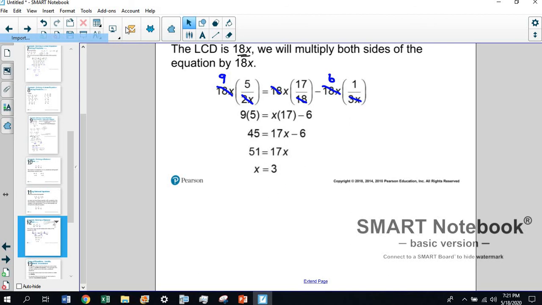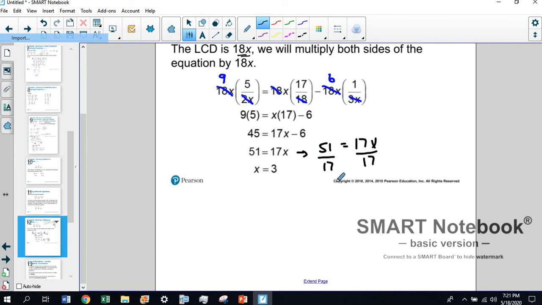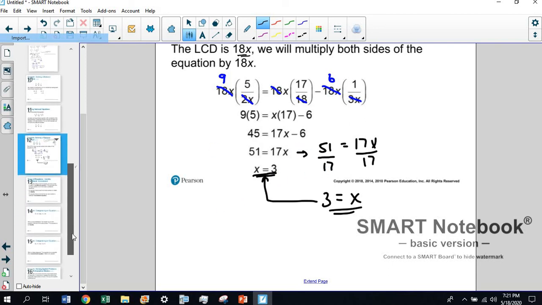It doesn't really matter, but that's probably a little bit confusing. If you have 51 equals 17x, we divide both sides by 17, and so you end up with 3 equals x, and x equals 3. That's the same thing, obviously. Okay, so that's your answer. If you want to check it, go back and check it in the original equation.